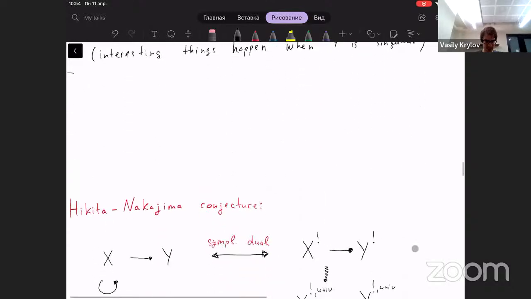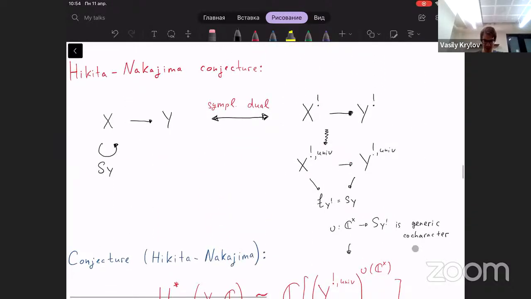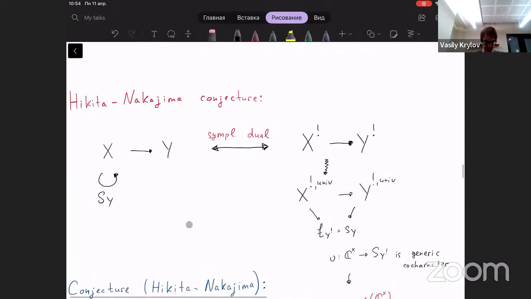Okay, let me now formulate the Hikita-Nakajima conjecture. So we have X to Y, one resolution, and we have the symplectically dual one, X shriek to Y shriek.